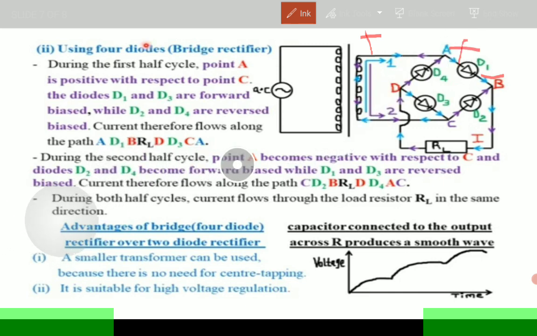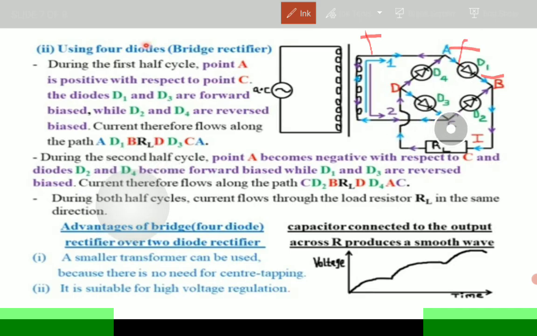During the second cycle, you take point A, this one, as negative with respect to point C, and only diodes D2 and D4, if this end is positive and that is negative, become forward biased, while D1 and D3 are reverse biased. Therefore, current will flow along the path. Follow the diagram.